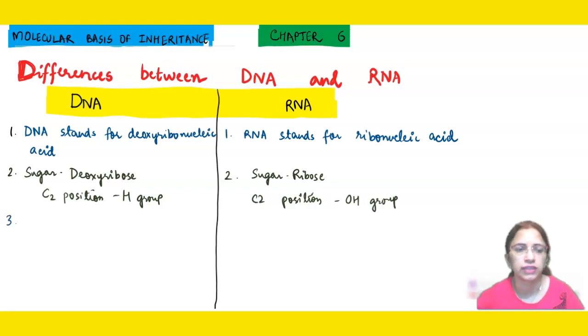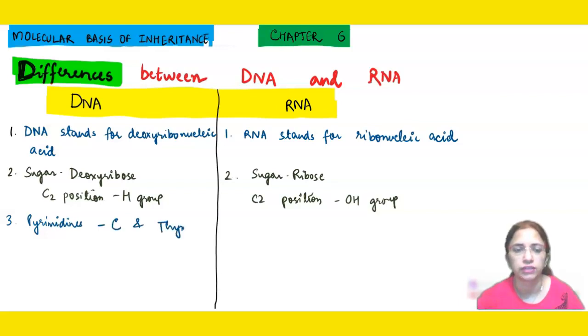Next difference is of course about the pyrimidines. I'm not writing about the purines because that would be counted as a similarity. Here we are studying differences. Make sure whatever you write is dissimilar from each other. So pyrimidines, if you talk about DNA, are cytosine and thymine.